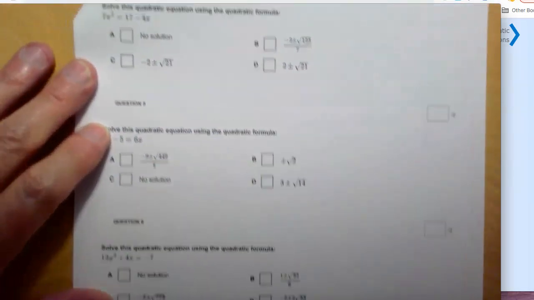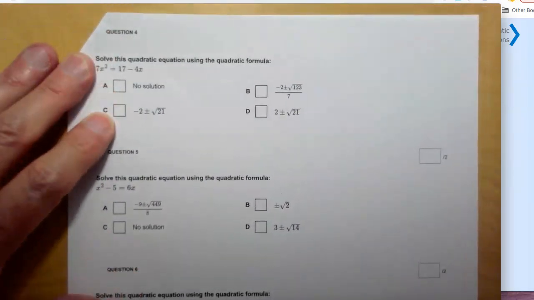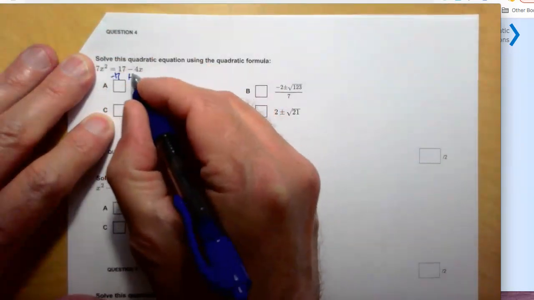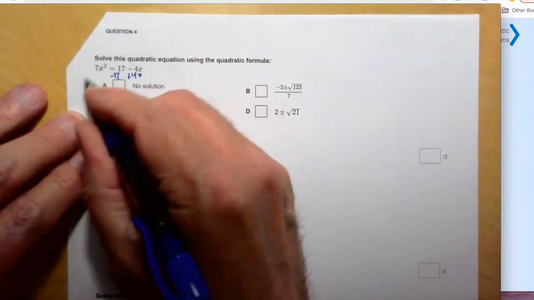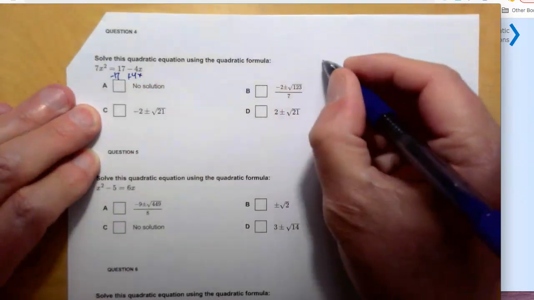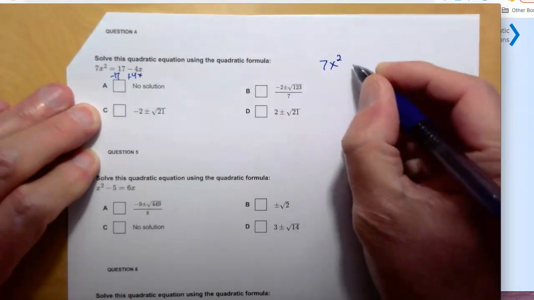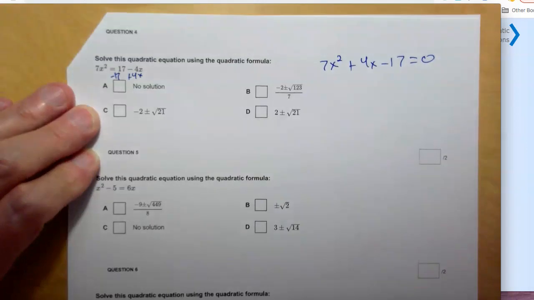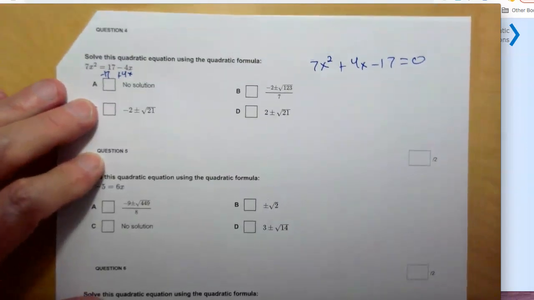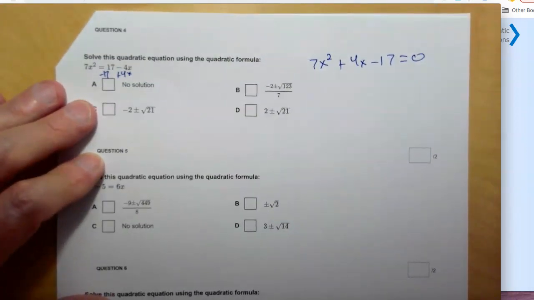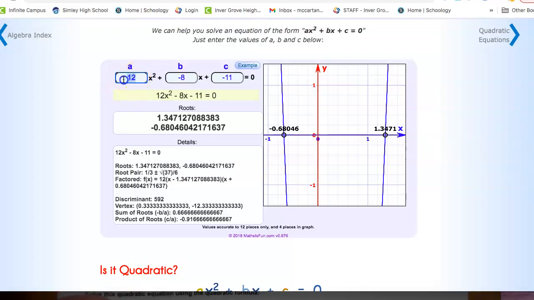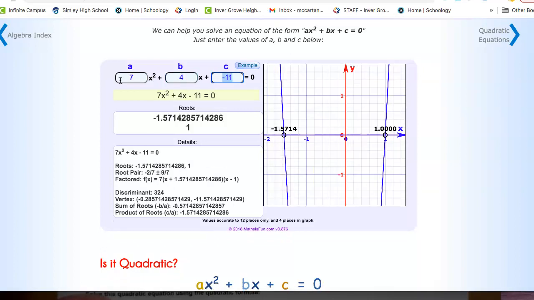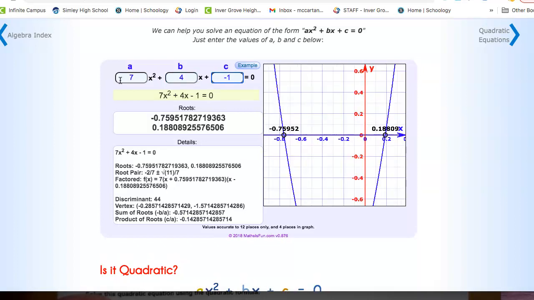All right, next. Let's take both of these to the other side: minus 17, and add 4x to both sides. I'll write it over here. We have 7x squared plus 4x minus 17, and now it equals 0. That's the ABC right there. 7 tab 4 tab negative 17.